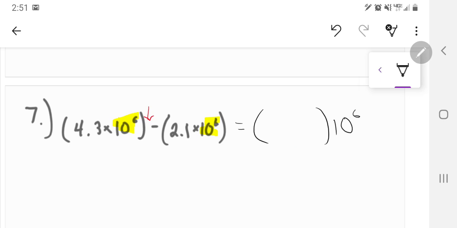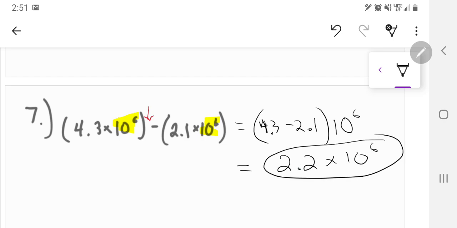We're going to pull that 10 to the 6th out, and we're going to subtract what's left over. I can do that in my head. We get 4.3 minus 2.1, and that gets us 2.2 times 10 to the 6th. Nice and simple, that one.